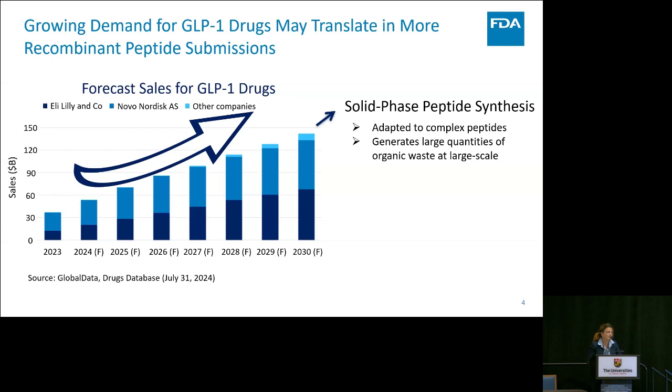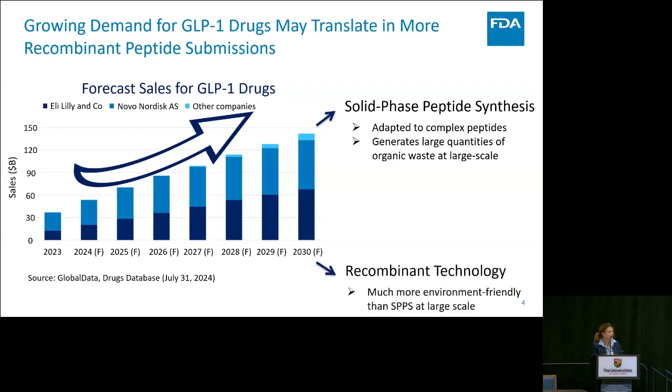While solid-phase peptide synthesis is well suited to the manufacturing of these complex peptides, it also generates large quantities of organic waste when used at large scale. And large-scale manufacturing would be necessary to meet the growing demand for these products.